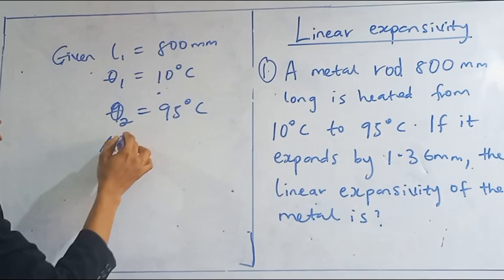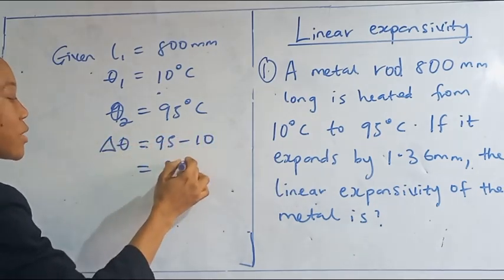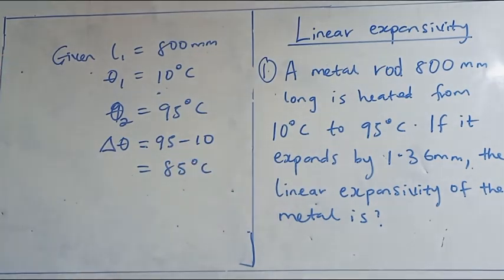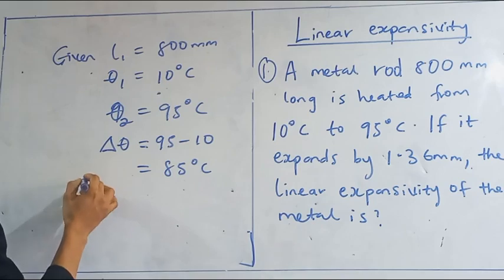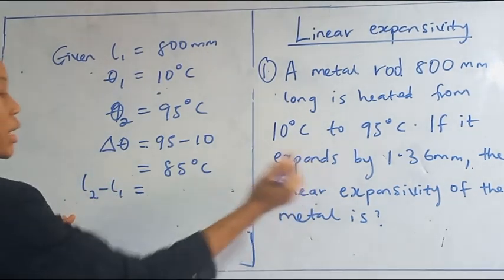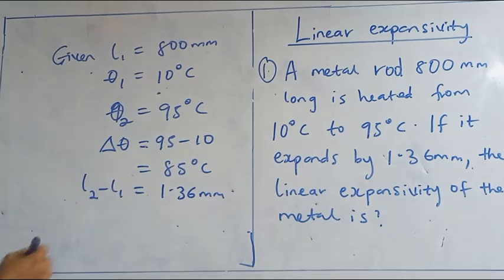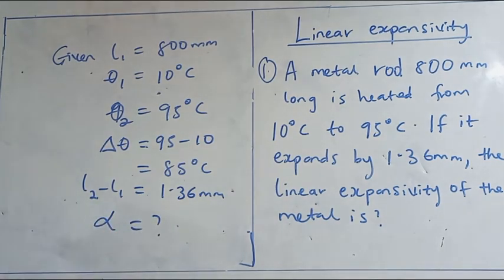So the change in temperature is 95 minus 10, which gives us 85 degrees Celsius. If it expands by, it means L2 minus L1, the expansion, is 1.36 millimeters. The linear expansivity is what we are looking for.